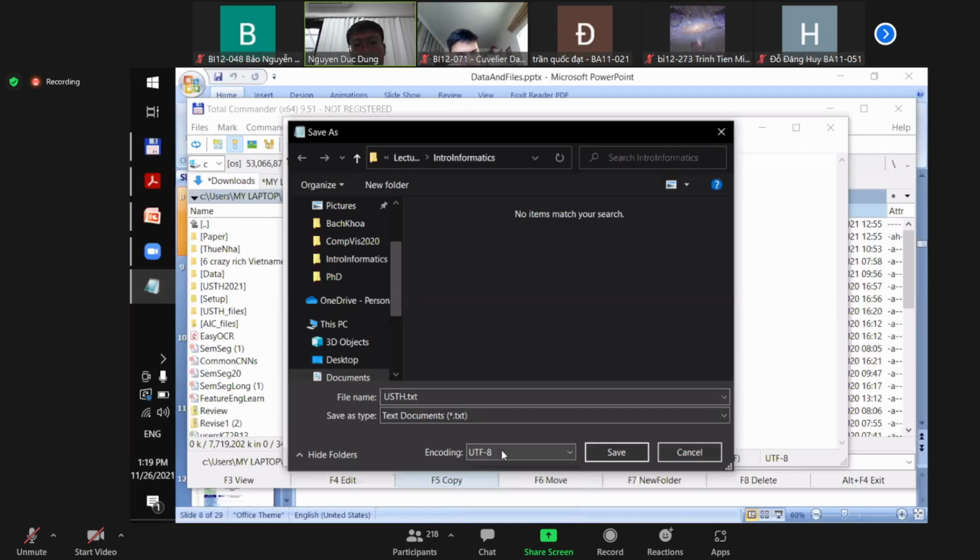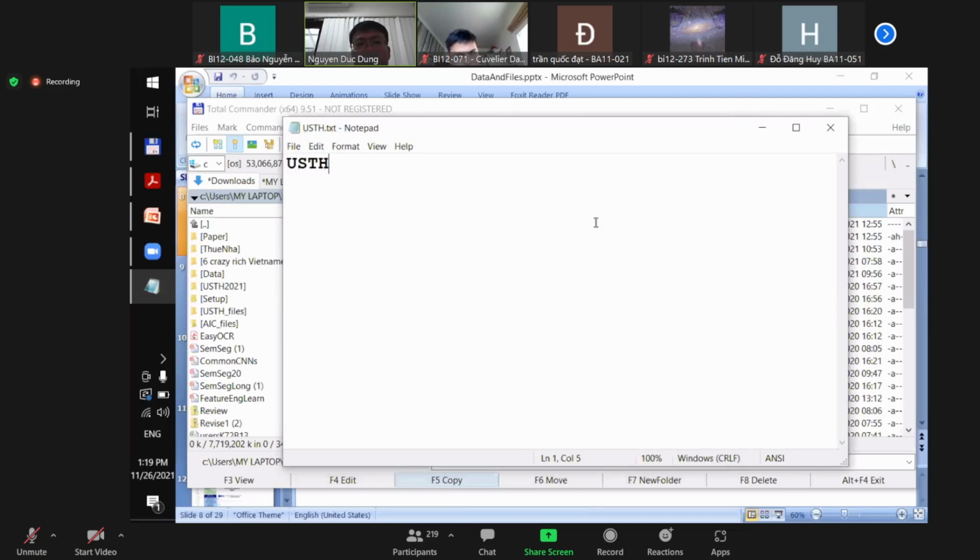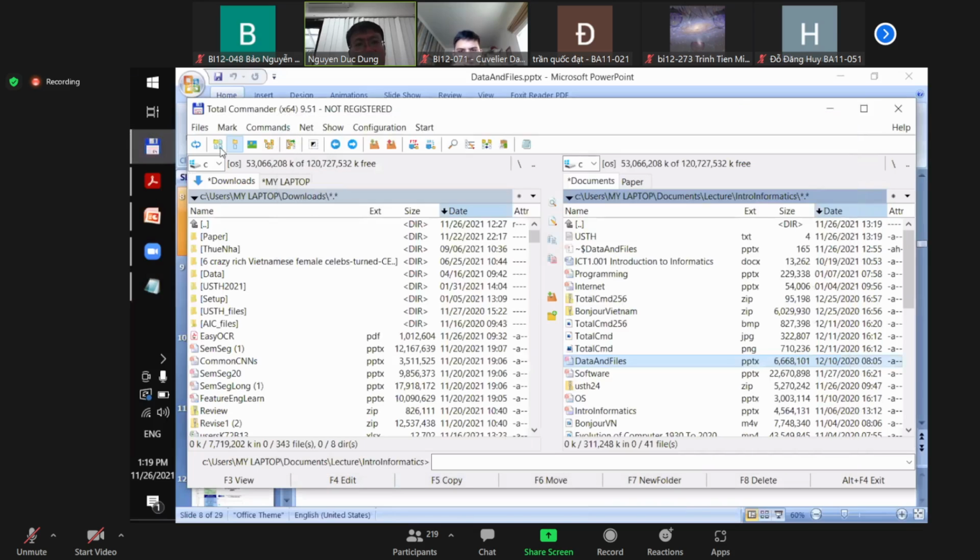Now I select ANSI first. The encoding scheme is ANSI, and I save to this folder. My document has 4 characters, the name is USTH, and the extension is text file.